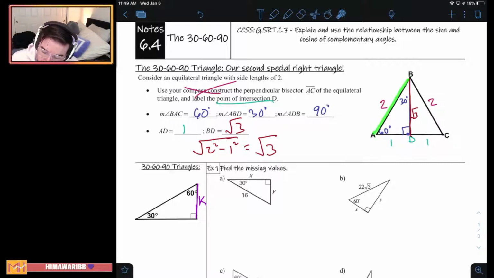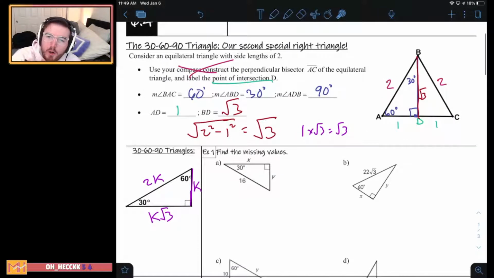Well, the hypotenuse is twice as big as the leg. So the hypotenuse here we're going to call 2K because it's twice the size of the leg. And then comparing the short leg to the long leg, we simply multiplied by root 3. 1 times root 3 equals root 3. So we're going to call this K root 3.